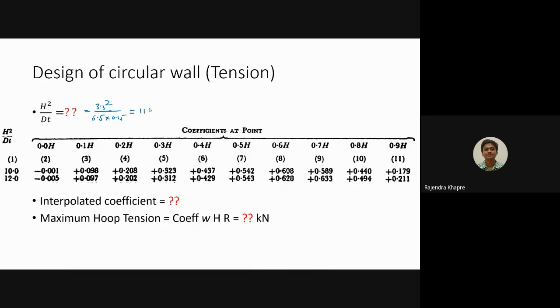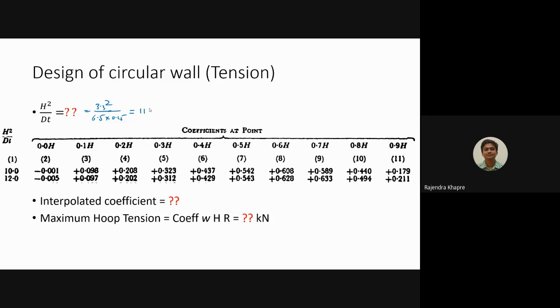As you move from top to bottom, the coefficients change because the tension changes. We have just seen in the animation that maximum tension occurs somewhere towards the bottom, so we have to consider that maximum tension. If your structure is safe for maximum tension, definitely it will be safe for the upper region as well as the lower region.